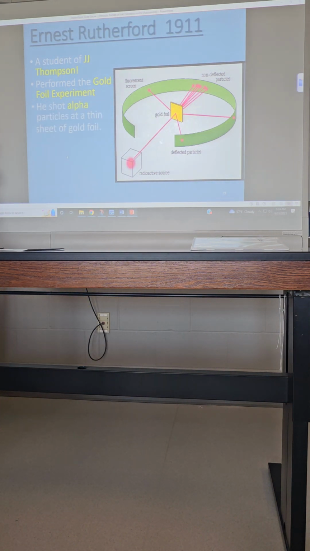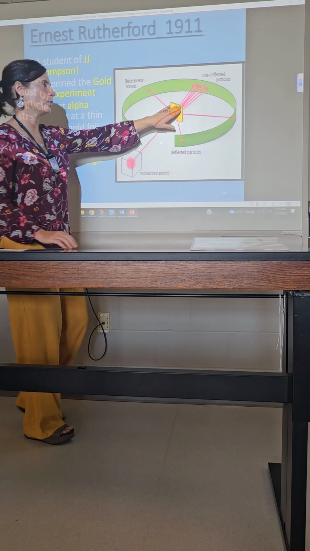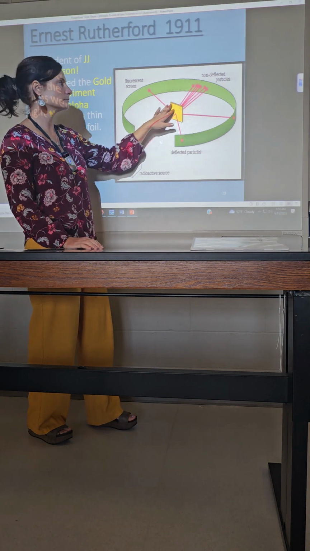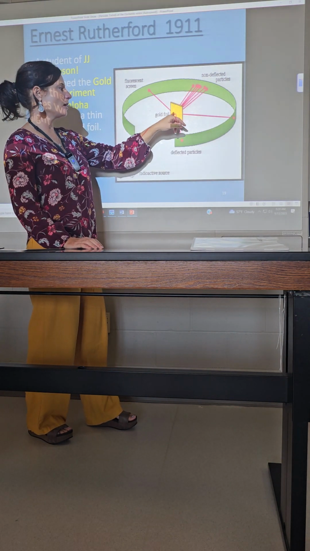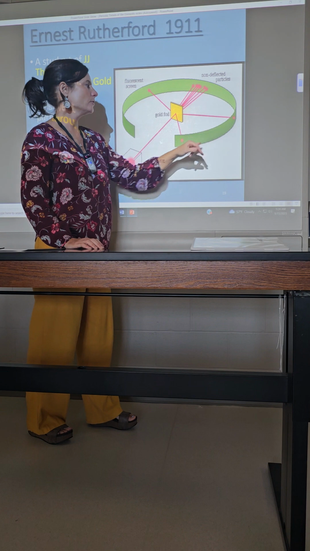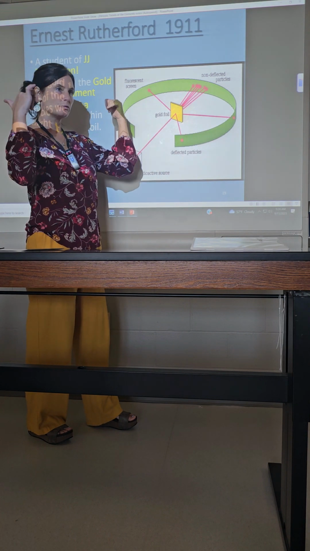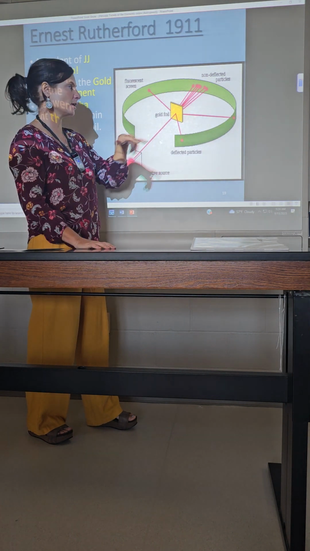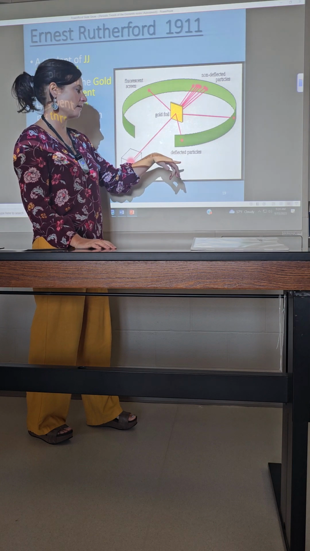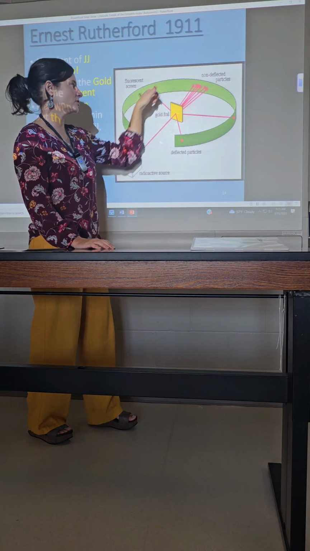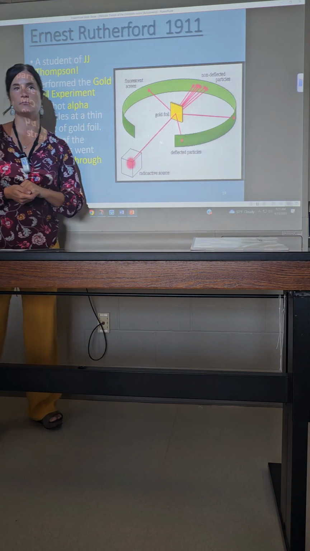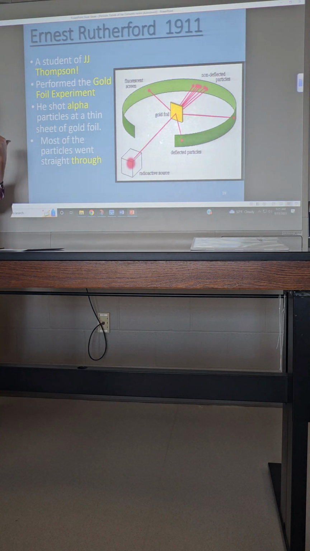And he shot alpha particles, which are positively charged particles, at this gold foil. Most of the particles went right on through. Okay, but randomly, those alpha particles were kicked back or reflected back to this screen where it picked up the alpha particles touching it.